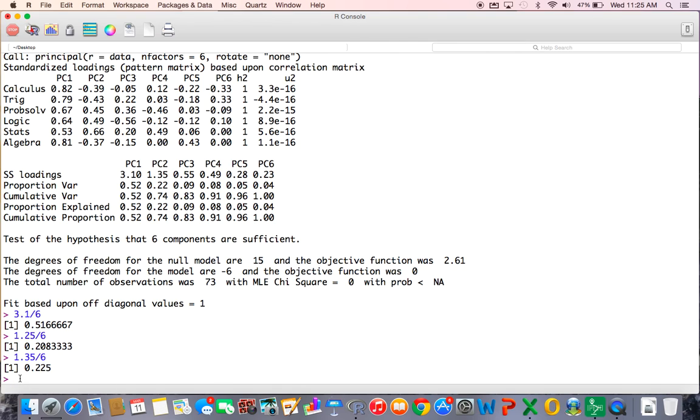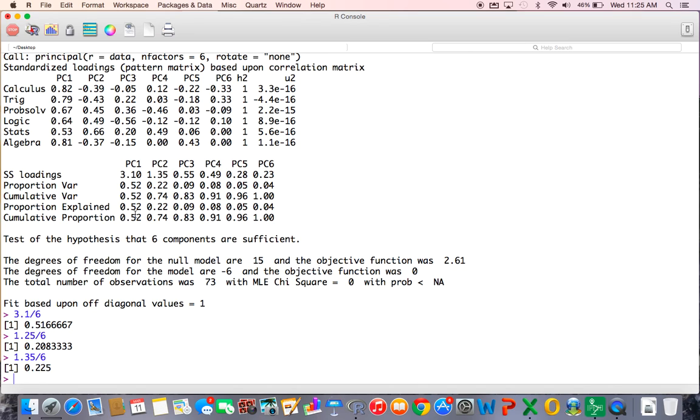Now, there's a lot of rules of thumb out there, but our focus is now turning on which components do we keep and which do we eliminate. And probably the strongest rule of thumb, the most consistently implemented rule of thumb that I see, is we keep all components that have eigenvalues greater than 1.